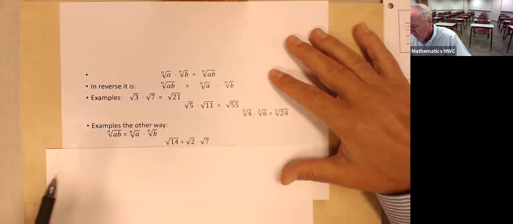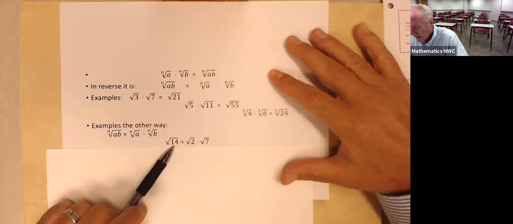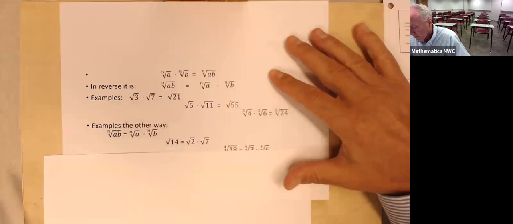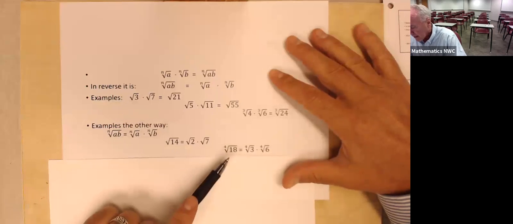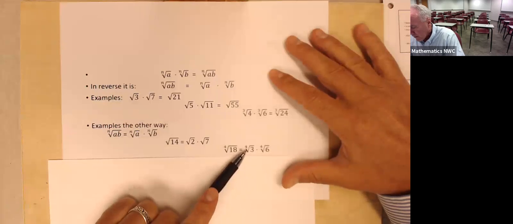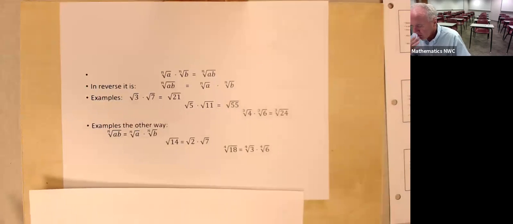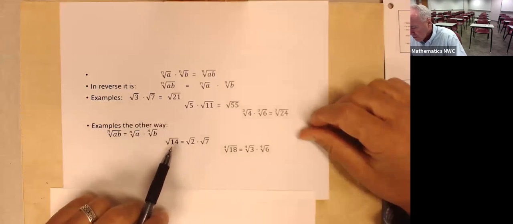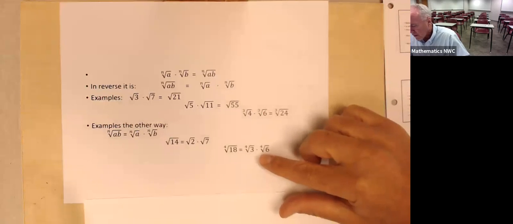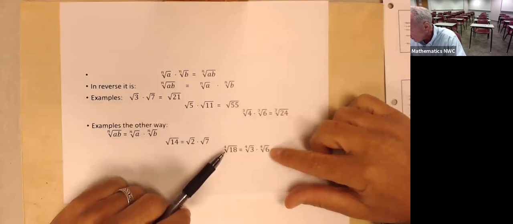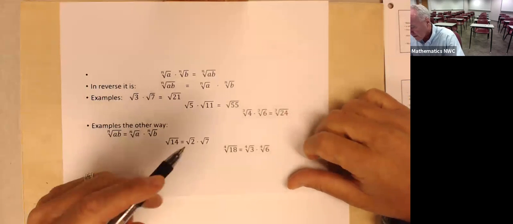But now the other way, where I break it apart. An example would be radical 14. I can factor it into radical 2 times radical 7. Radical 18, or the fourth root of 18, I can factor it into the fourth root of 3 times the fourth root of 6. This process, where I factor it down, is an important process that we use when we are looking to simplify a radical.